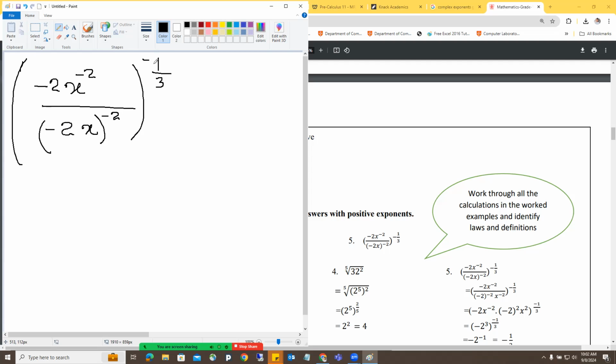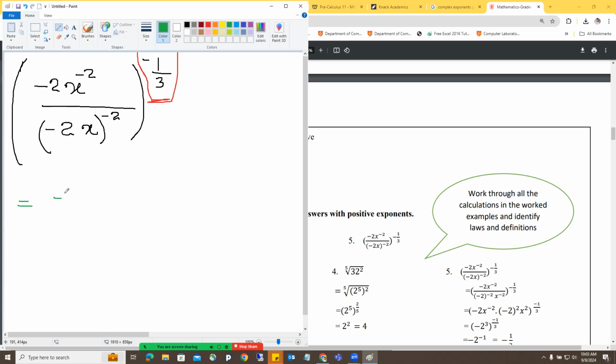We'll keep this outer power as it is, and we'll try to solve inside the bracket. We'll simplify the inside things first.